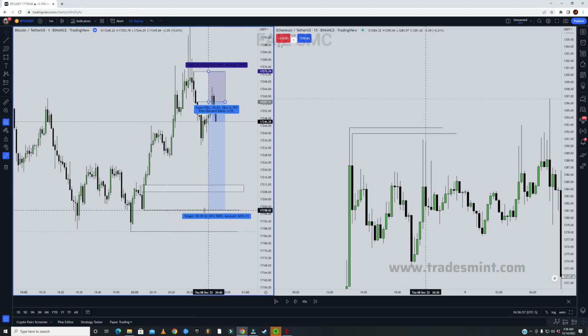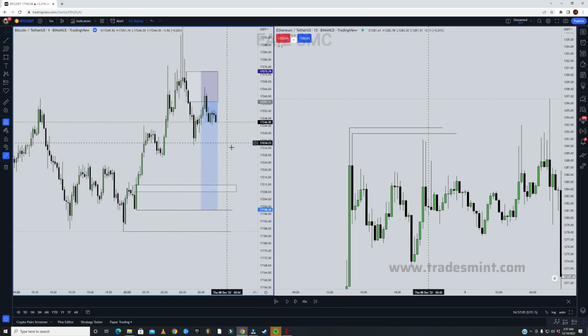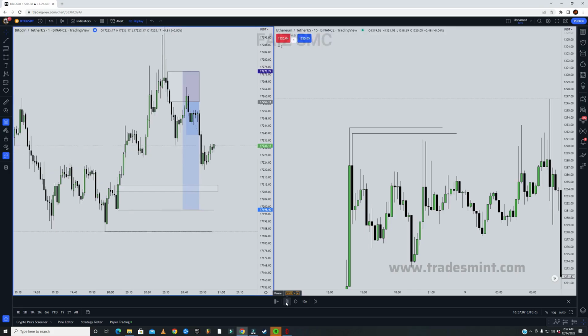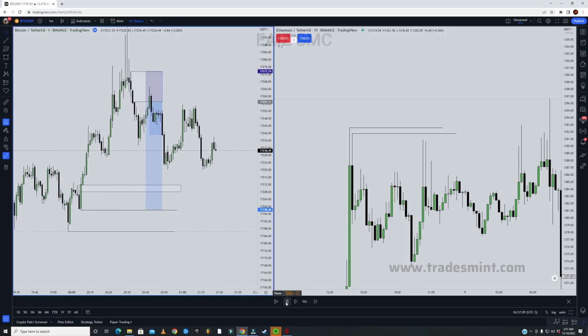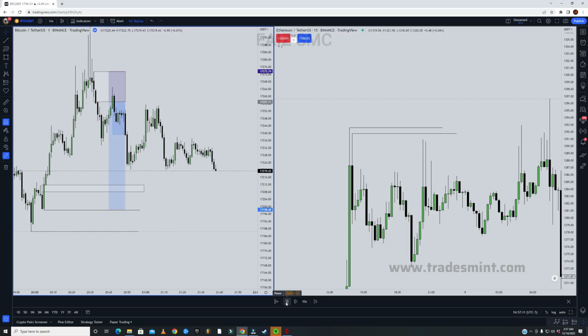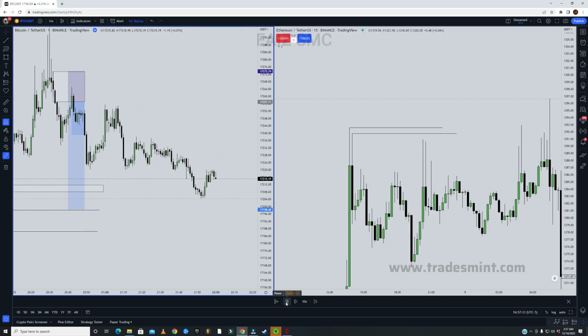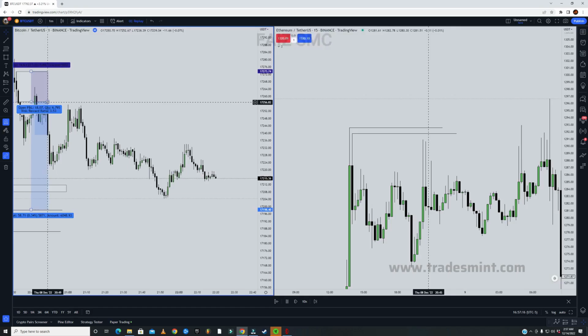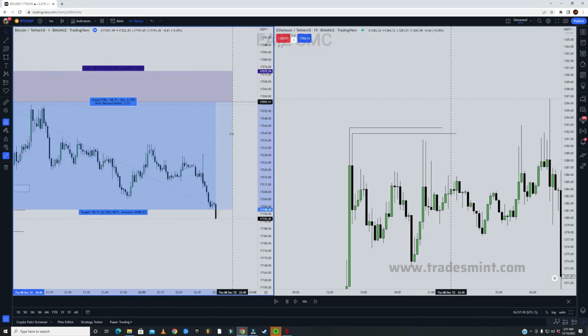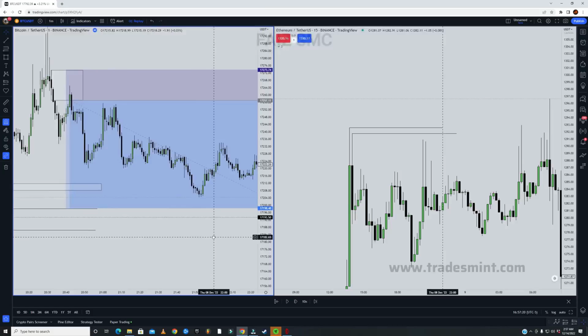So let's target a 3.5, or actually, let's do this. So you can see we have our entry after the liquidity sweep, and it just melts like a candle. Just goes down and it hits our take profit.